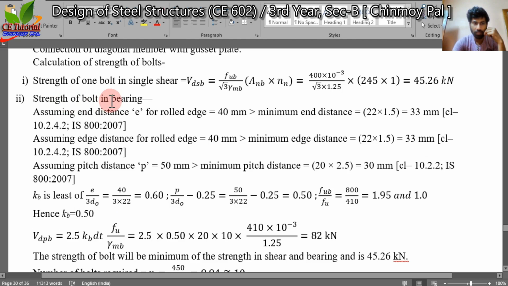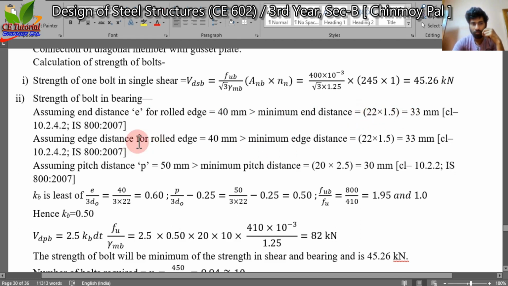And to calculate the strength of the bolt in bearing, you need some parameters, that is end distance, edge distance and pitch distance. We are assuming some data here, which is greater than the minimum values. So end distance e is equal to 40 millimeter, which is greater than the minimum end distance, that is 1.5 times the diameter of hole.